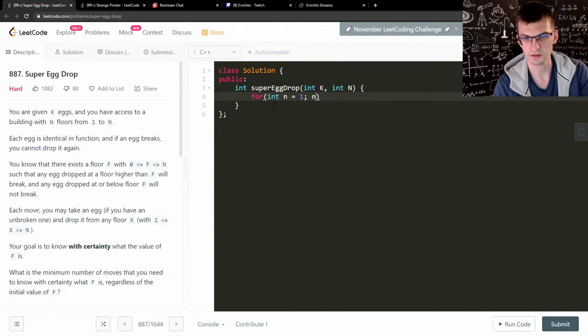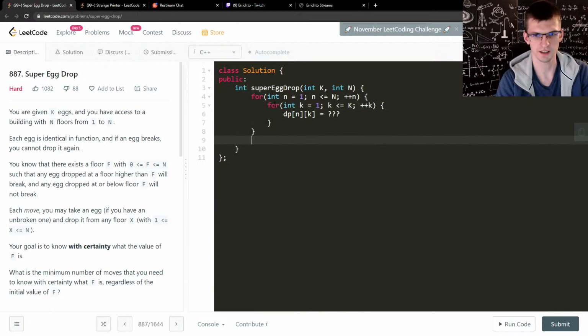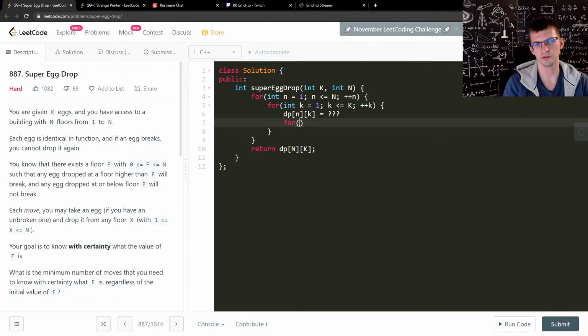For every n from 1 to n, for every k, the number of x from 1 to k, I want to compute dp of nk. At the end, I will return dp of uppercase n, uppercase k. And what this is? I can choose, so I will iterate over a floor to use to drop an egg from.